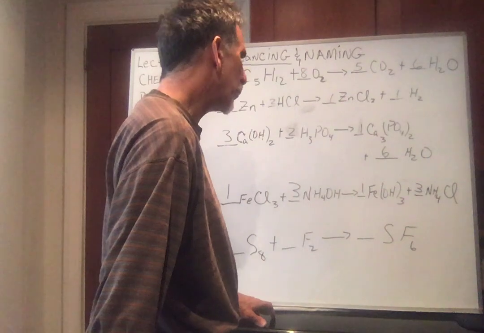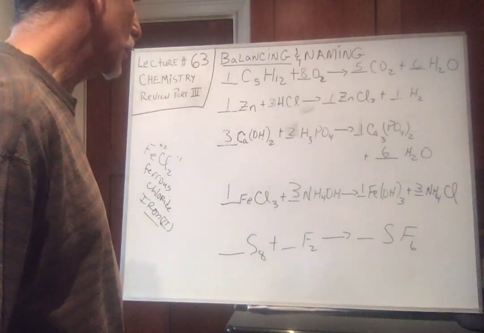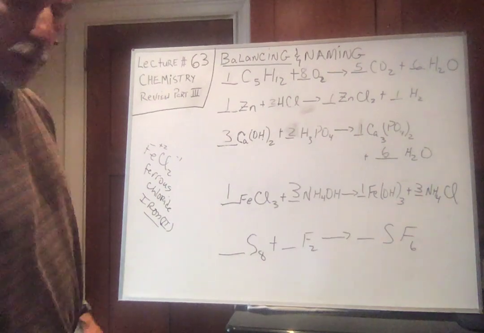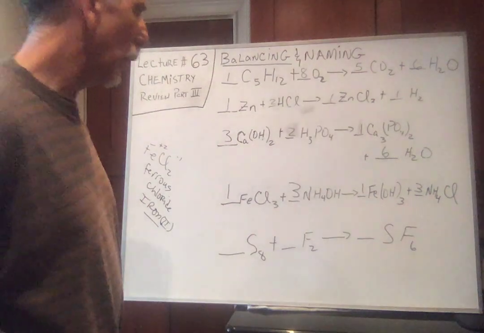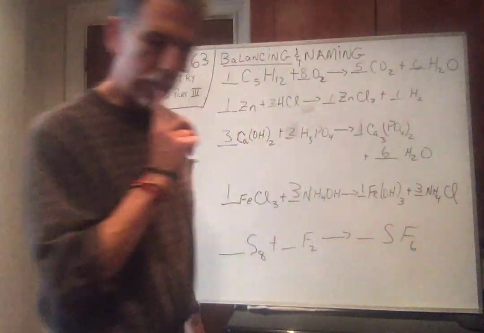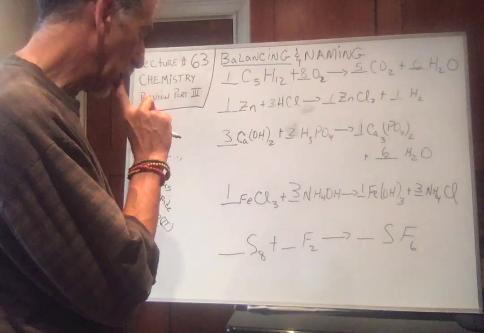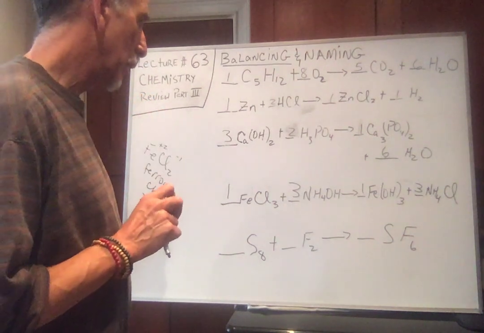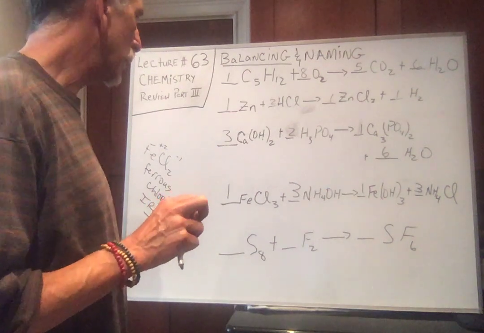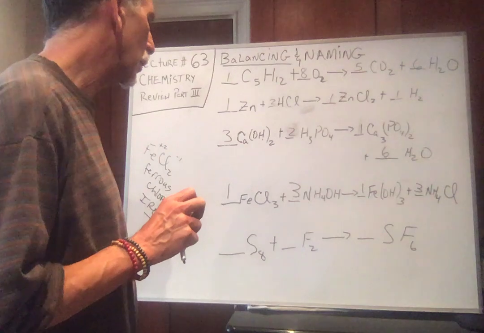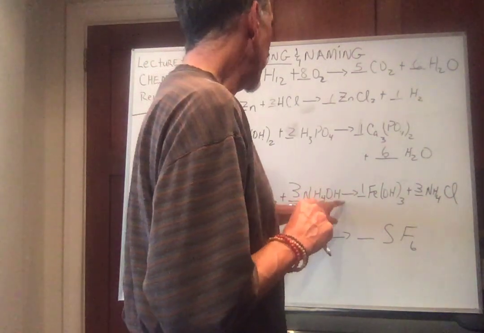Sorry. Boy, did this not balance again? Is that not balanced? Oh, why did I put a, what is that? Is that right? Three chlorines. Oh boy. I said oxygen's balanced. NH4, 12, 15.